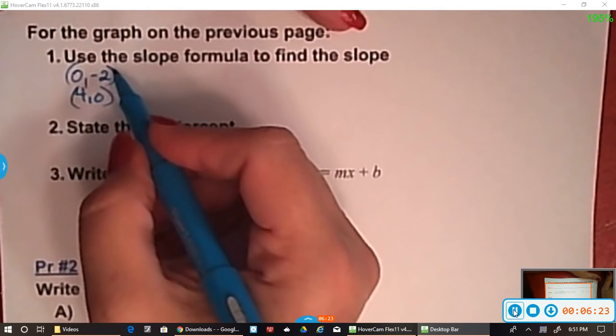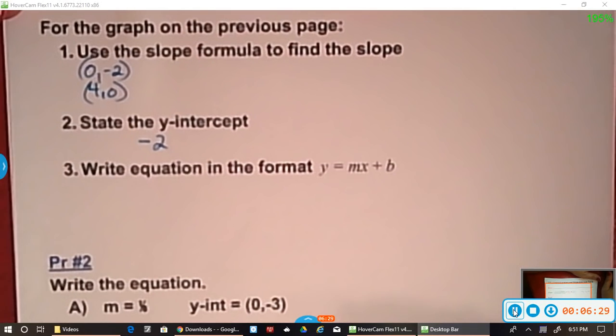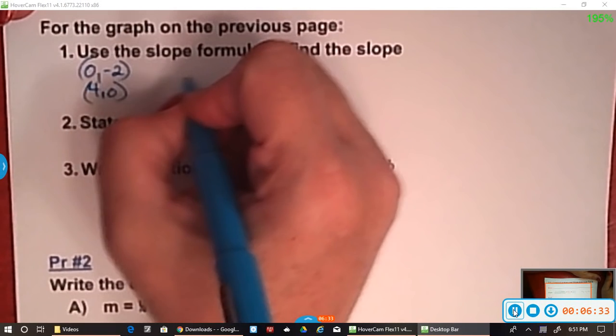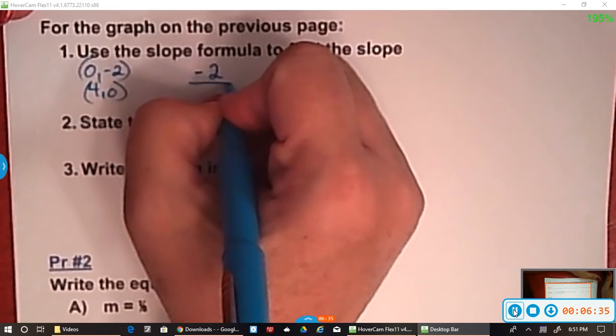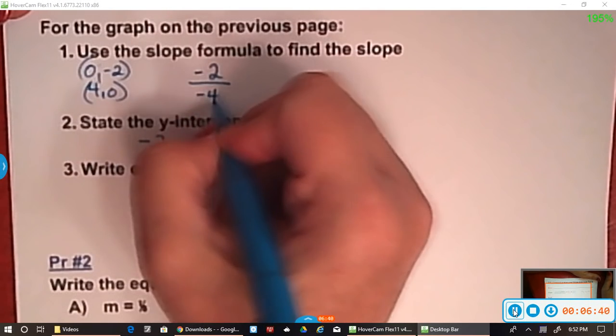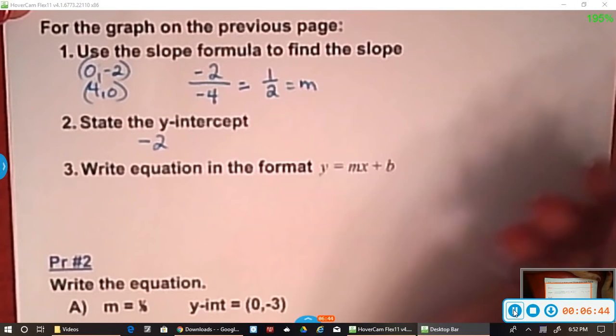So when I get over here, let's subtract our y's, and I'm going to use my alternate formula so that I don't have to subtract upside down. I'm just going to go down the columns. -2 minus 0 is -2. 0 minus 4 is -4. That simplifies to 1/2 for my slope.